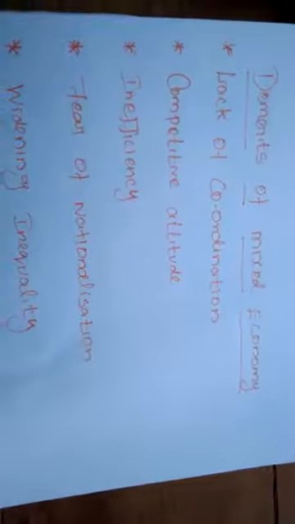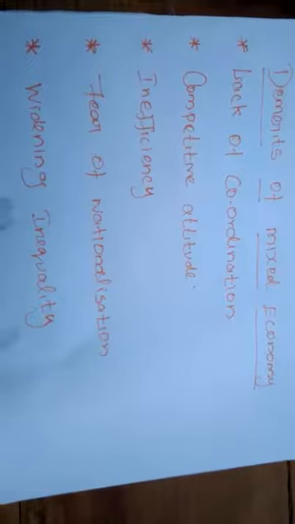Another demerit is fear of nationalization. In a mixed economy, the fear of nationalization discourages private entrepreneurs in their business operations and innovative initiatives. Suppose after they start any industries, the government nationalizes them, then the private industries cannot earn profit.